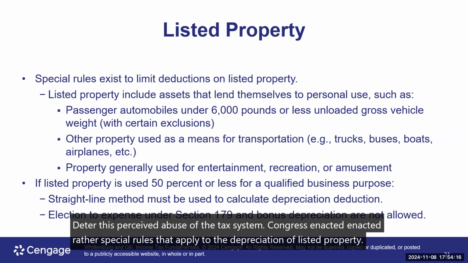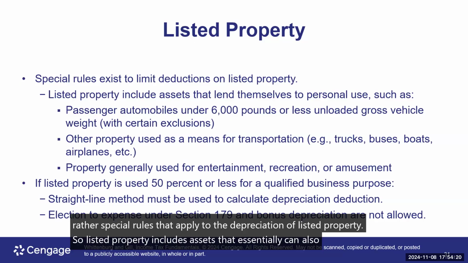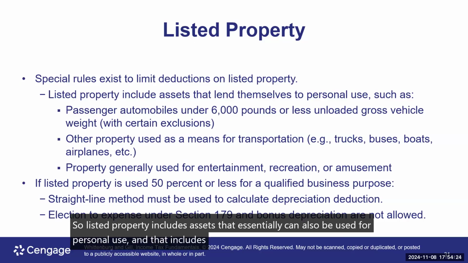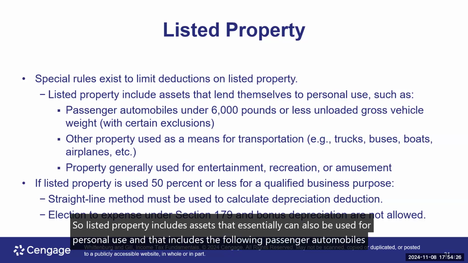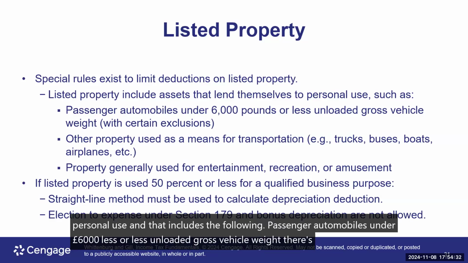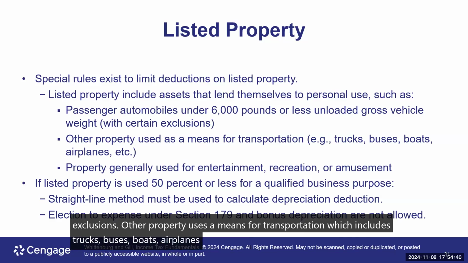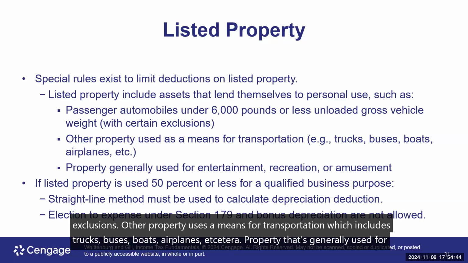Listed property includes assets that can also be used for personal use, and that includes the following: passenger automobiles under 6,000 pounds or less unloaded gross vehicle weight, with certain exclusions; other property used as a means of transportation, which includes trucks, buses, boats, airplanes, etc.; and property that's generally used for entertainment, recreation, or amusement.